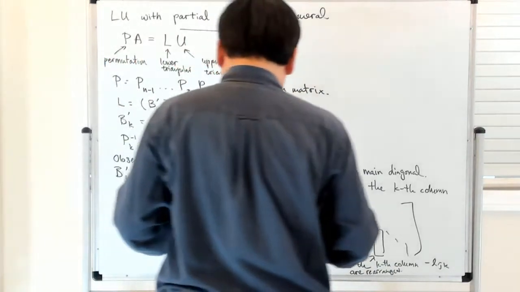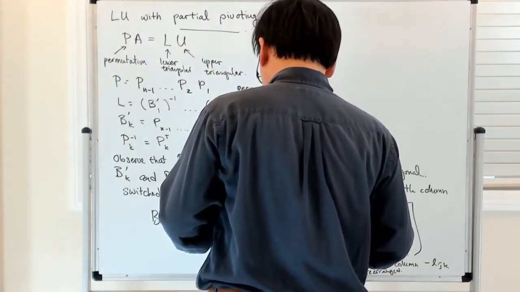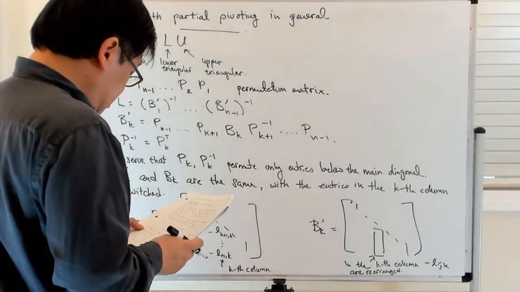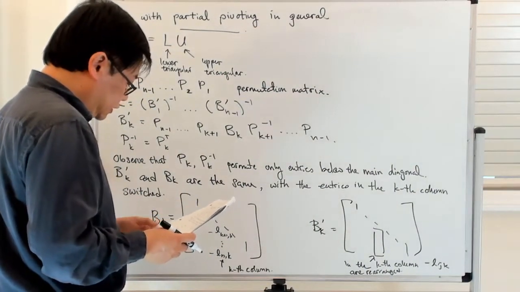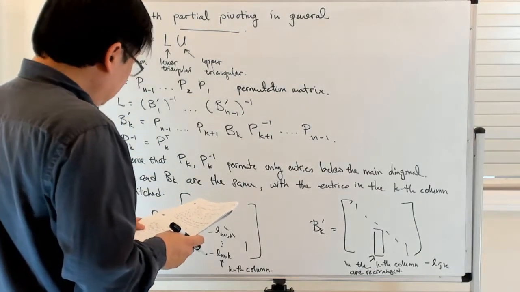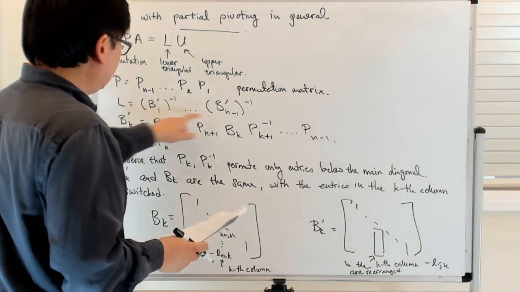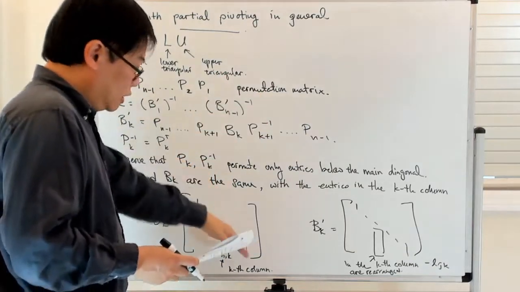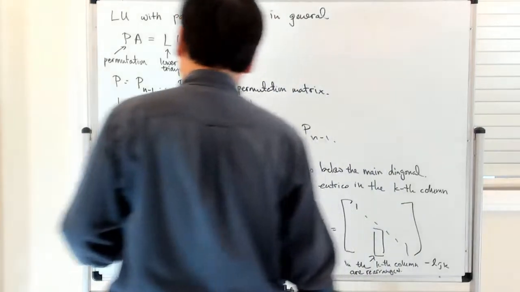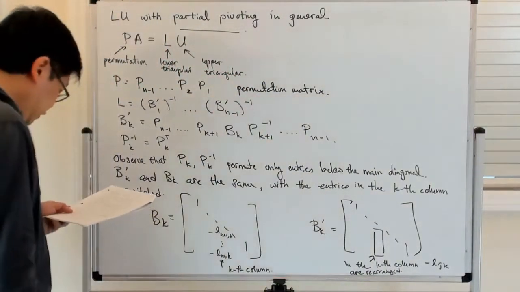The purpose of this is to negate those entries below the main diagonal, and the product L of these things again is going to be a lower triangular matrix. So that's just a brief overview of this.